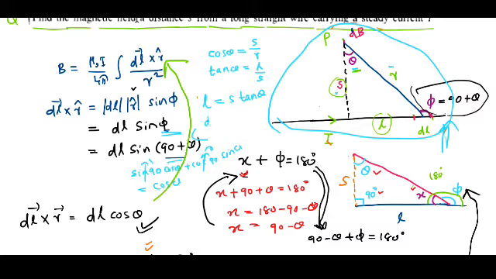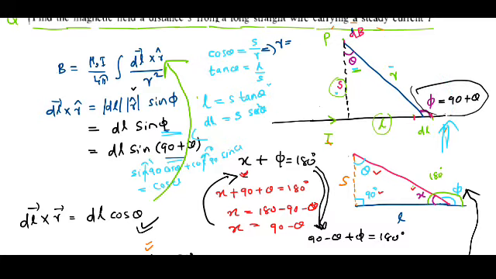Then if I take dl, because dl was our requirement, dl is equal to, if I differentiate this with respect to theta, S sec square theta. And also from the cos theta expression, r can be written as r is equal to S by cos theta.